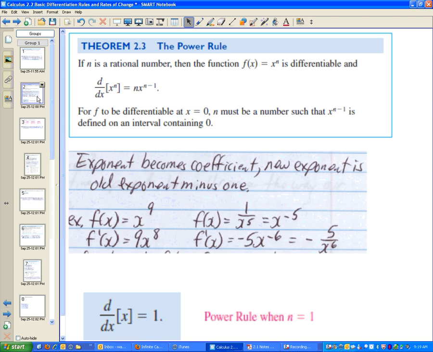For f to be differentiable at x equals 0, n must be a number such that x to the n minus 1 is defined on an interval containing 0. And we don't have to worry about that yet.